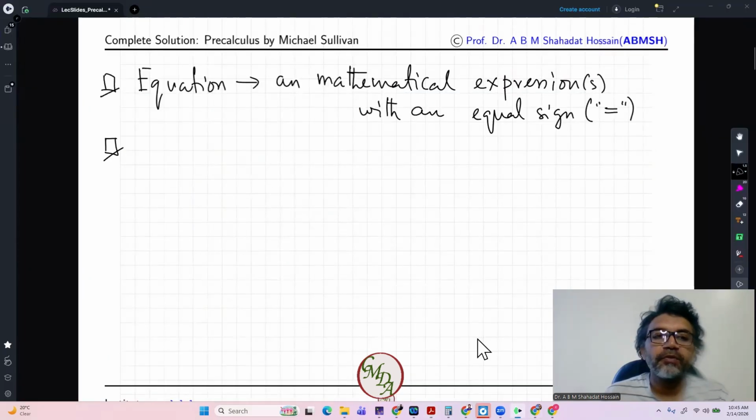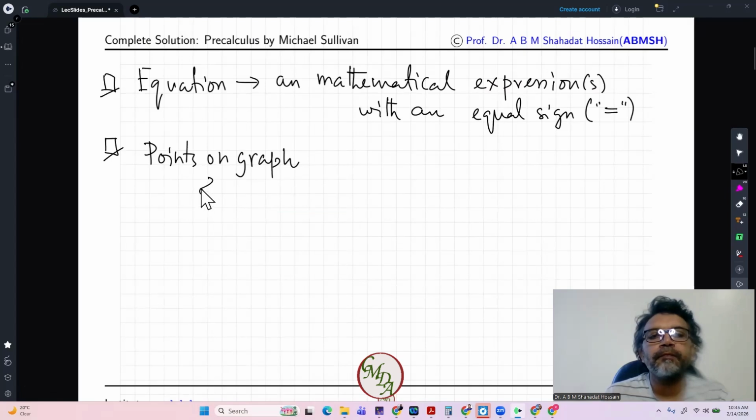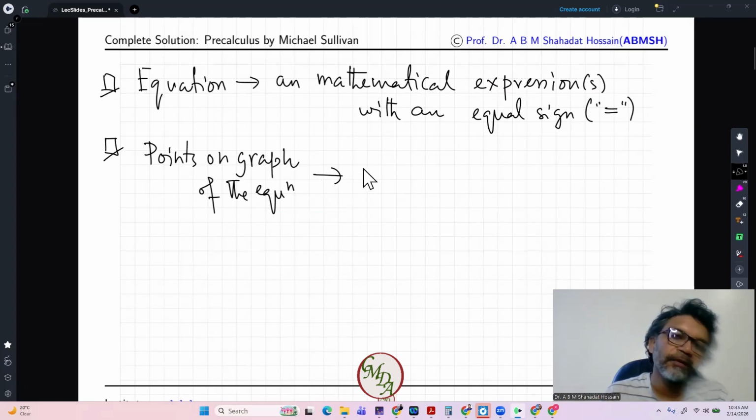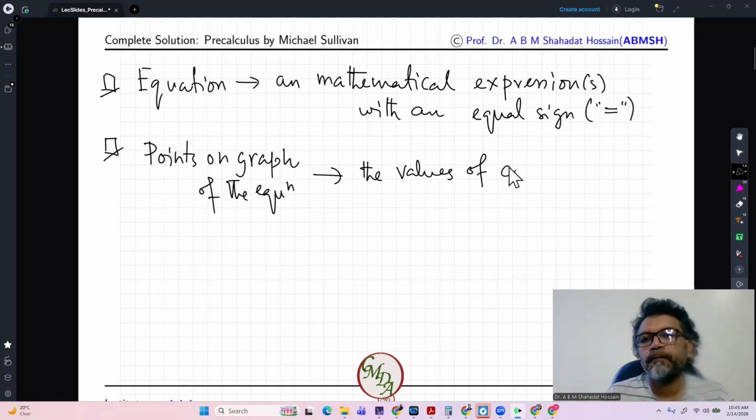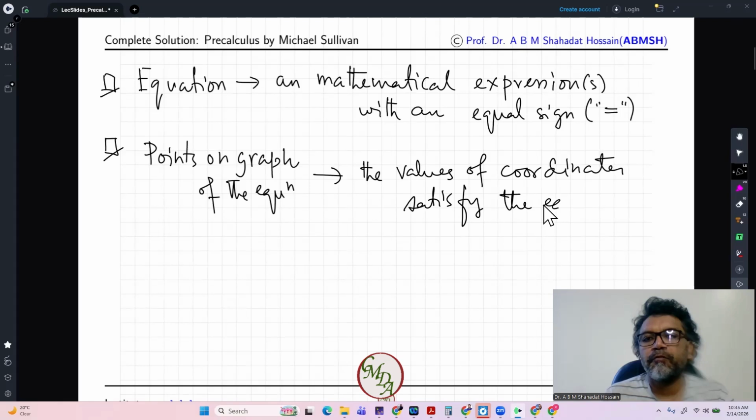Points on the graph of the equation means the values of the coordinates satisfy the equation.